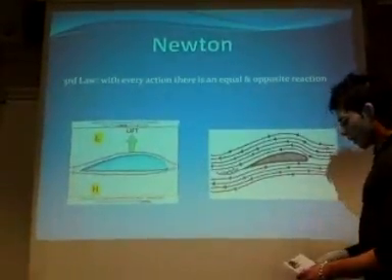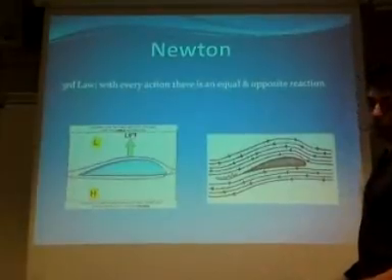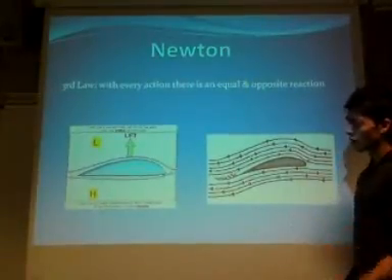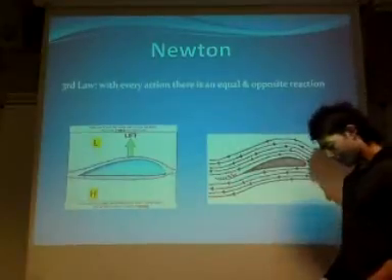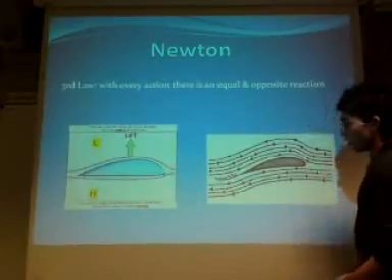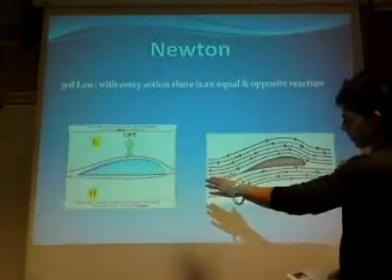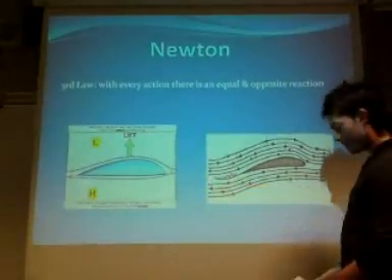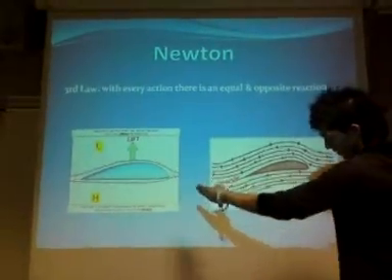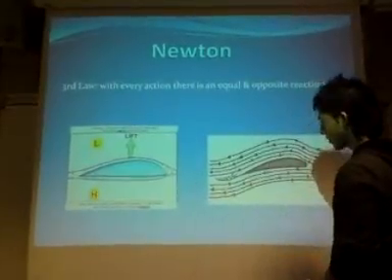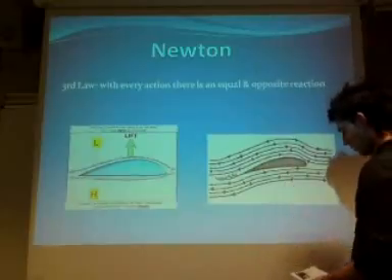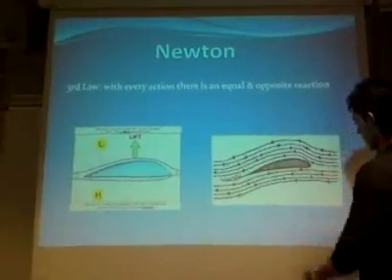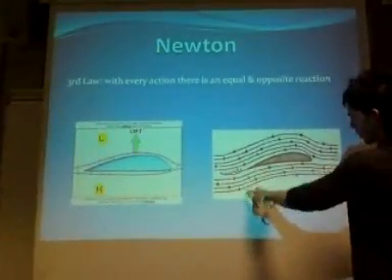So now we move on to Newton's contribution. His third law clearly states, with every action there is an equal and opposite reaction. When there is no movement of the wing, there is not much reaction we get, as you see here. If, however, there is some movement, the air tends to travel around the wing and gives us an upward shear and a downward shear.